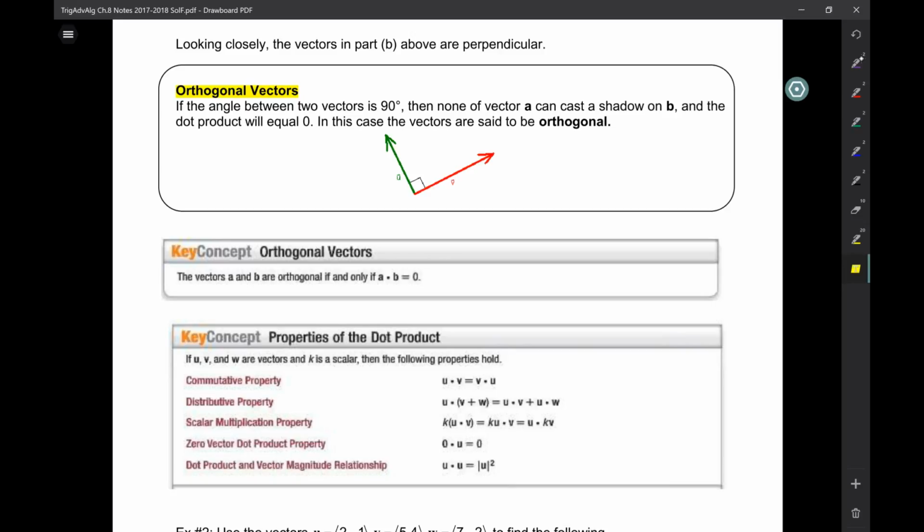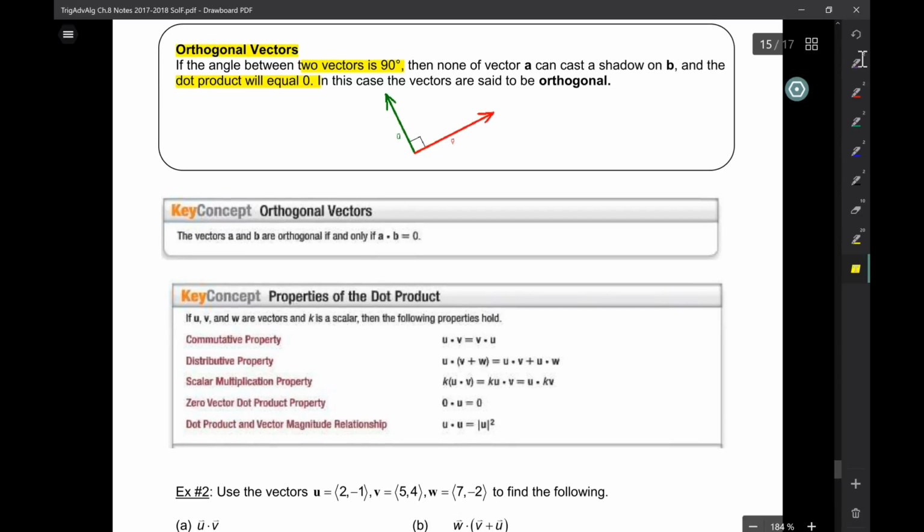Make sure it's straight, like it's supposed to be. So ortho means straight. So orthogonal vectors are straight, perpendicular. If the angle between two vectors is 90, then the dot product will be 0, and we say they're orthogonal.